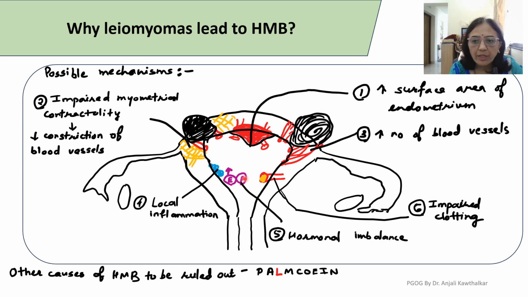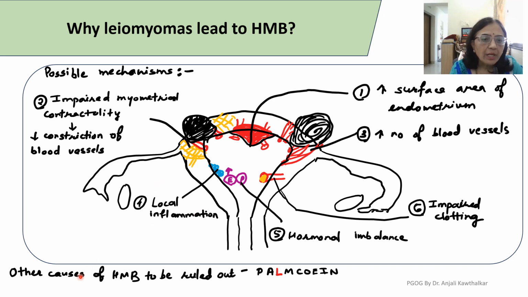And the last, the presence of leiomyoma impairs clotting. There is excessive fibrinolytic action inside the endometrial cavity, and that is why impaired clotting is present, and the blood vessels are not getting closed with the formation of clots, and that leads to prolonged and heavy menstrual bleeding.